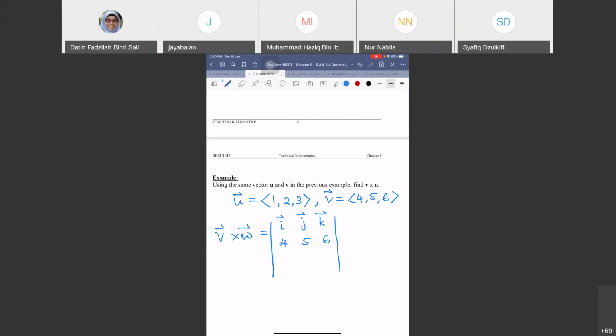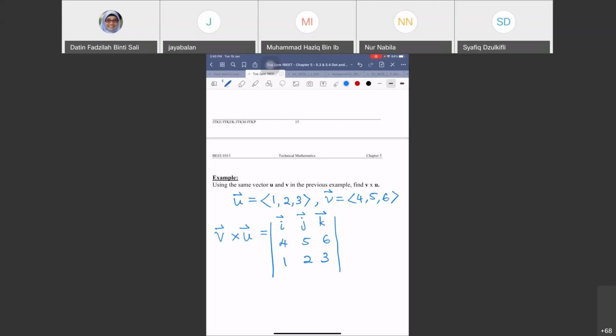And the last row will be the components for u, sorry, not w, so 1, 2, 3.